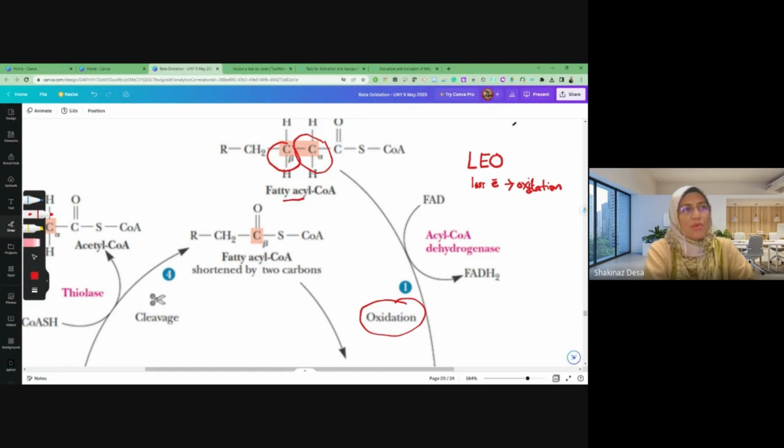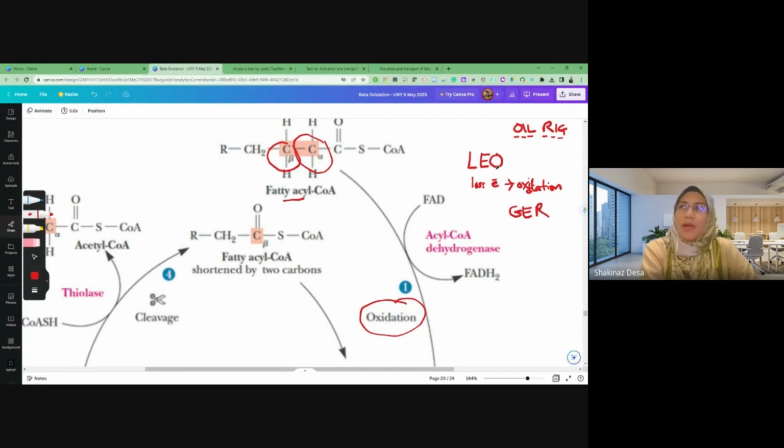Or you can use OIL RIG. Oxidation is loss. Reduction is gain. You can use also LEO, loss electron oxidation, and gain electron is reduction.